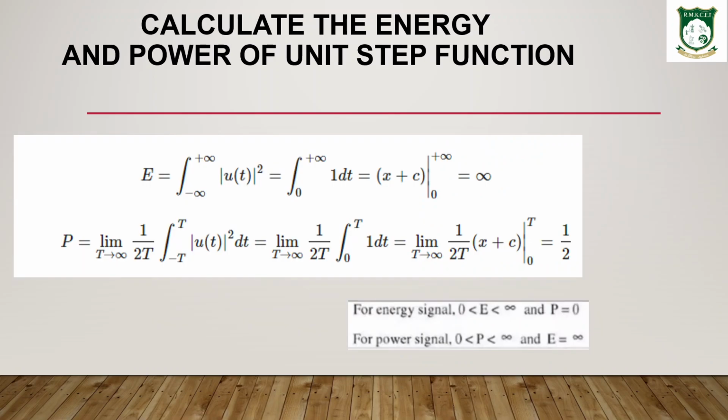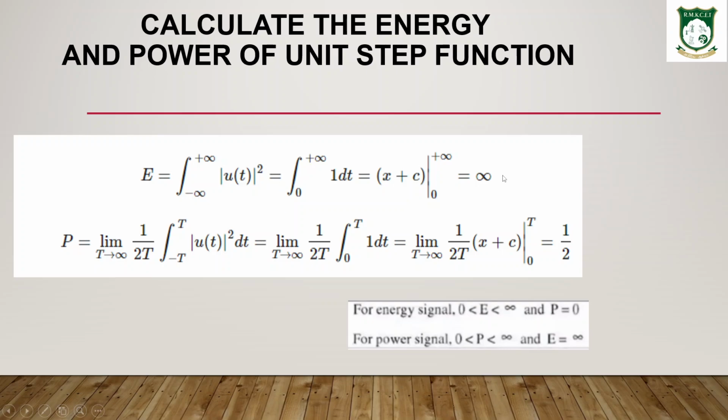These are the calculations to calculate energy and power. Energy is equal to integral from minus infinity to infinity of modulus of u of t whole square dt, and power is limit t tends to infinity 1 by 2t integral from minus t to t of modulus of u of t whole square dt. So this is for the unit step function. You substitute the u of t value as 1 and the limits will vary from 0 to infinity.